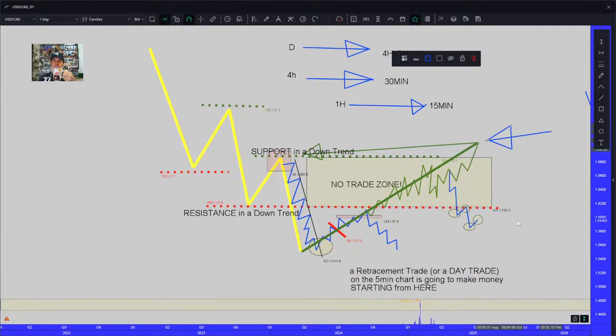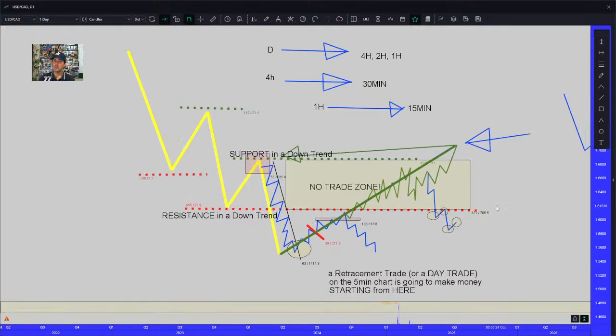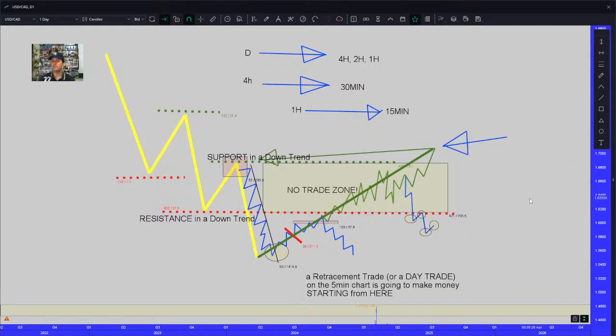After the retrace, after I told you already, after the extension, what must come? By the way, I have 10 more minutes. What must come after the extension, everybody?